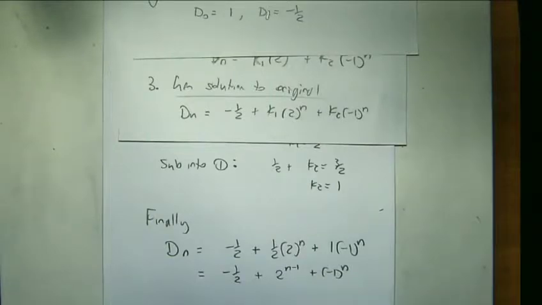I recommend, if you're going to do this in an exam, to actually write those headings when you do it, because then it will be easier for you to see that you have done everything you need to do, and it will be easier for the marker to see that too. I have to say it's likely in the exam that your lecturer will do that for you. They'll say, part A, find the homogeneous solution.